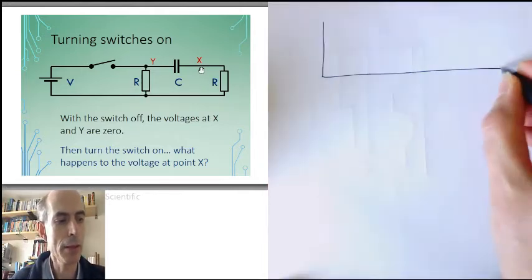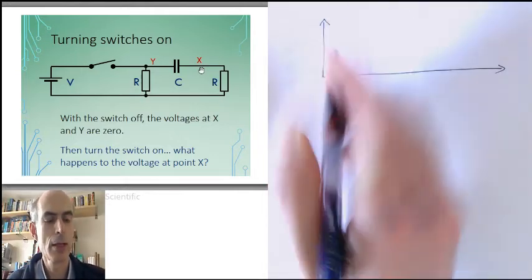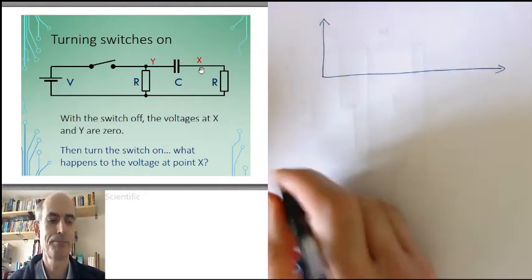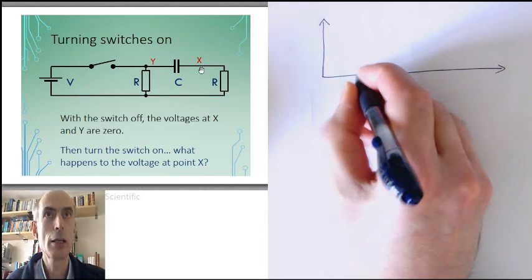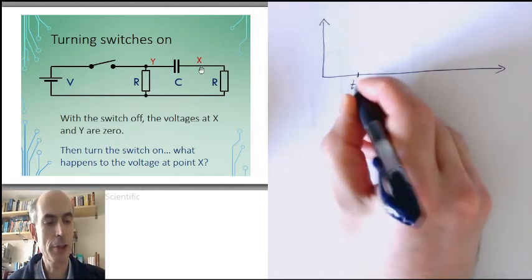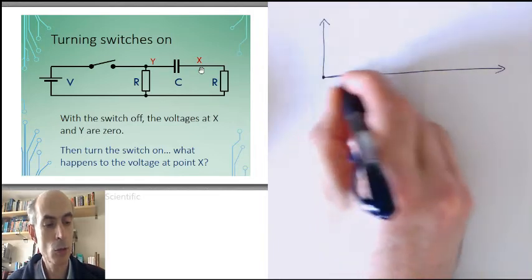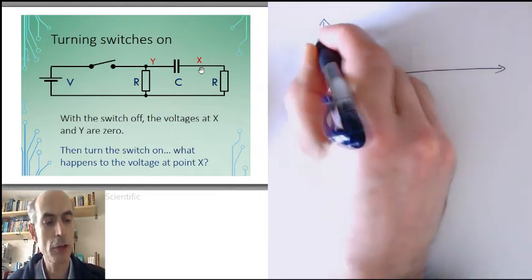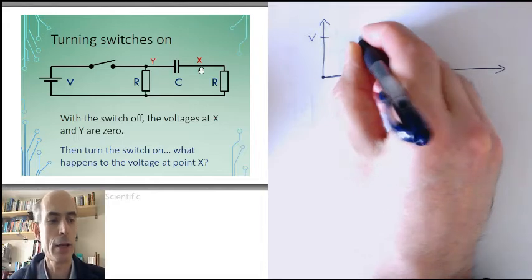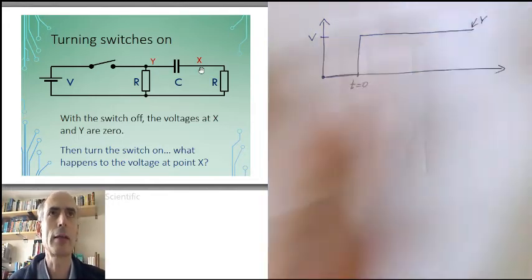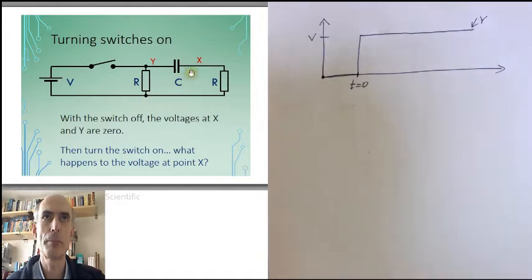Well, we can apply our principles. You cannot suddenly change the voltage across a capacitor. So, if you close the switch at time t equals 0, then Y would suddenly shoot up to a value of V. And it would stay at a value of V because it's directly connected to the voltage source.